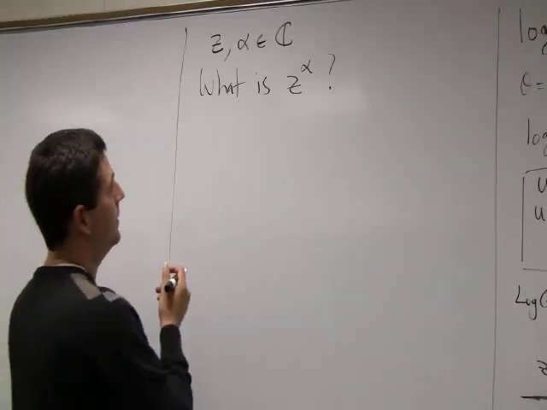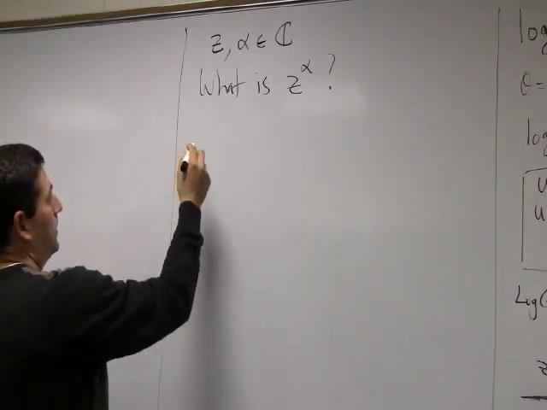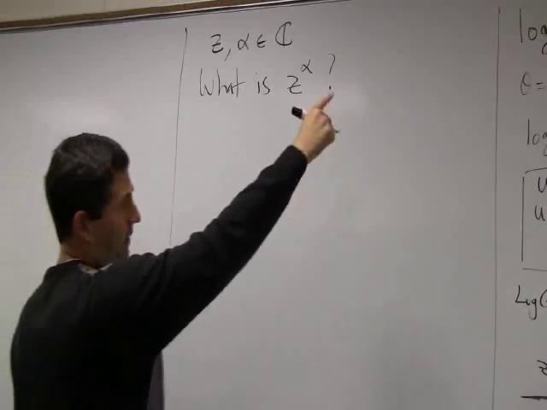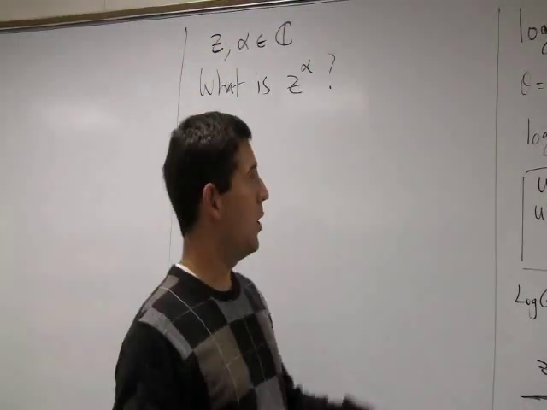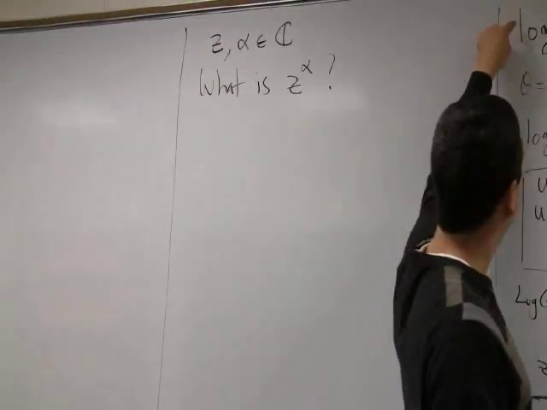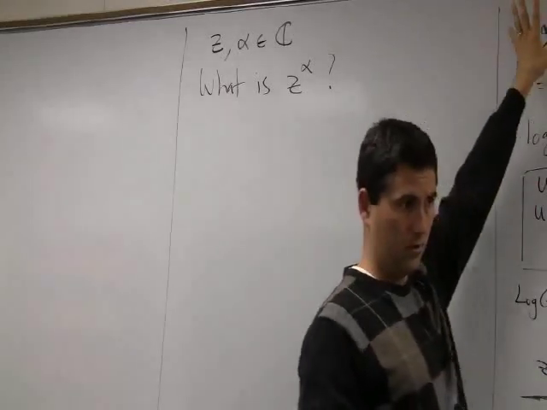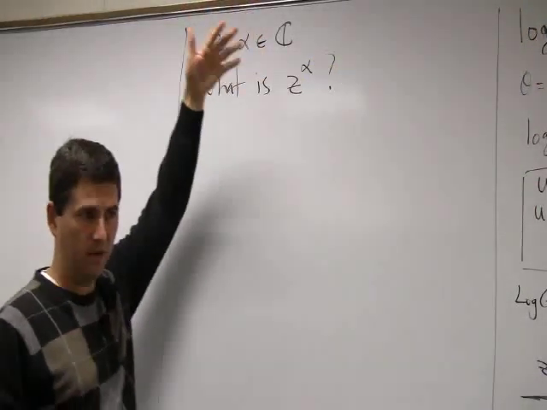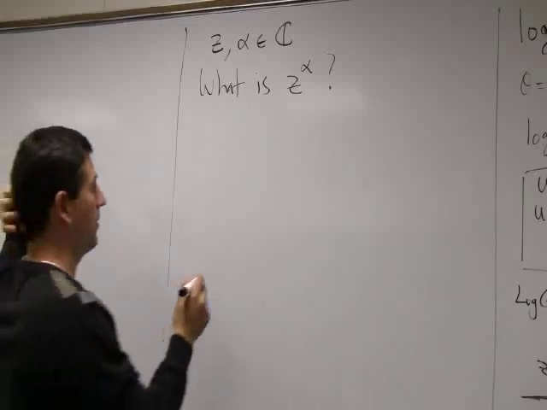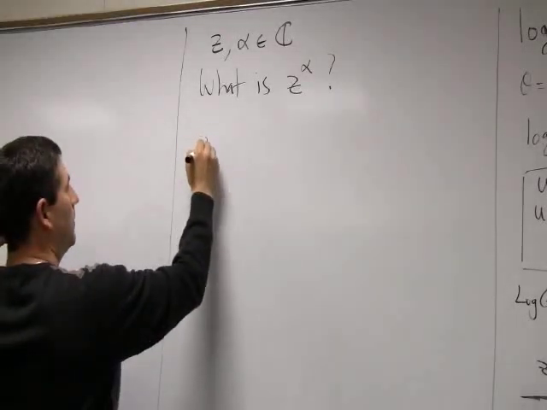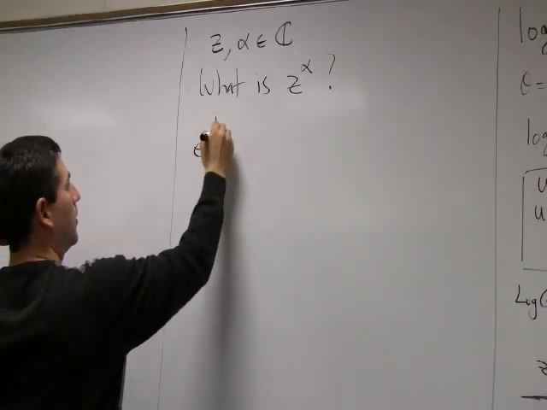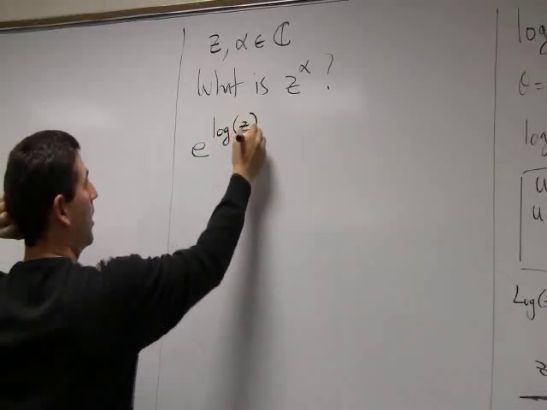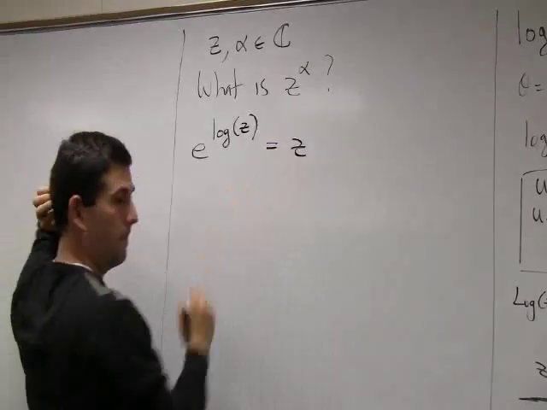So how do we want to define this? Well, we already have this log sitting around, so we might as well try to use that. We know that the log is the inverse function for e to the z. So that means e to the log of z is supposed to be z.